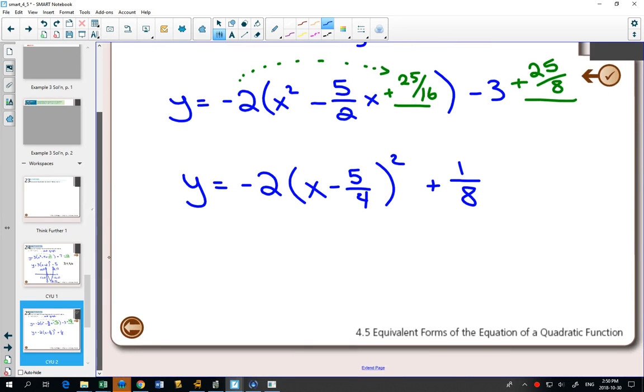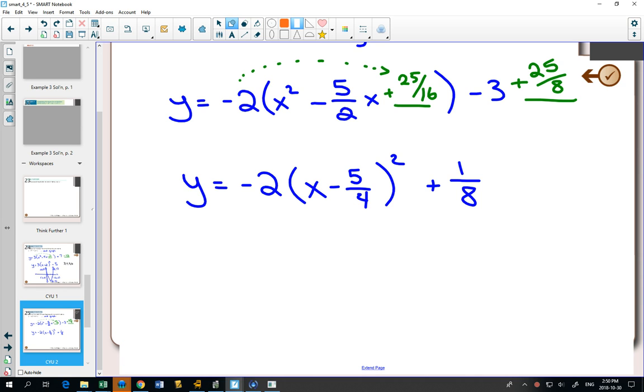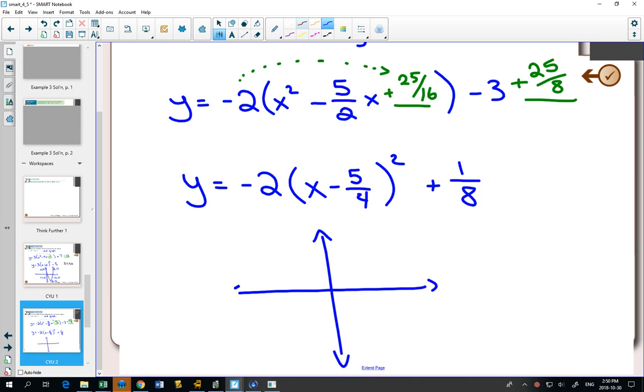So if we were about to graph this, well, we are going to graph it, so not if. When we go to graph this, we know that our vertex is at 5 over 4, comma 1/8.